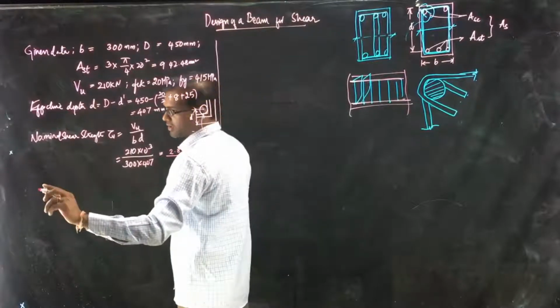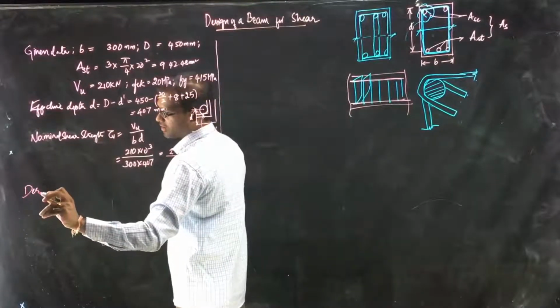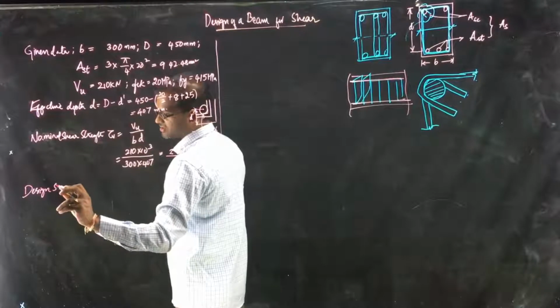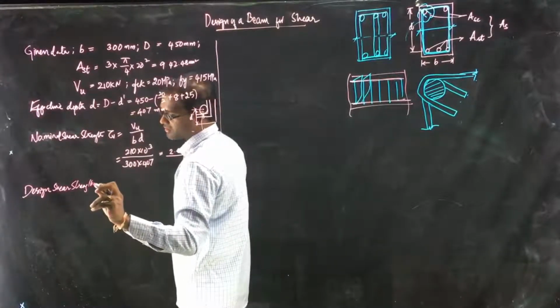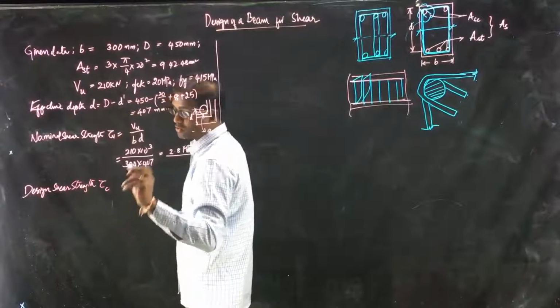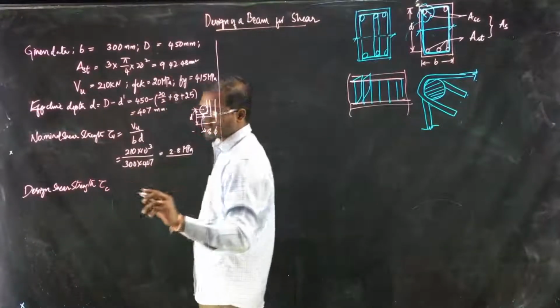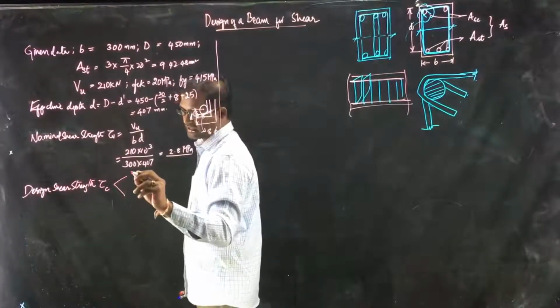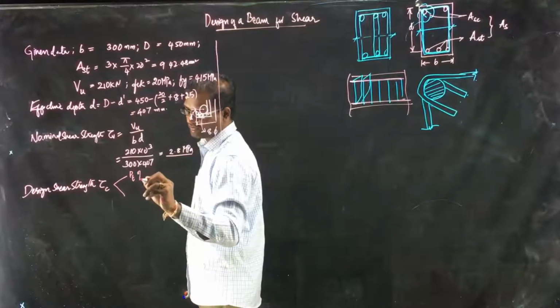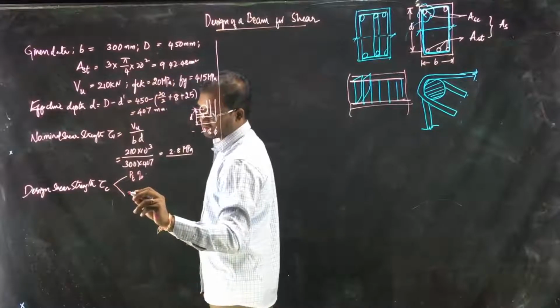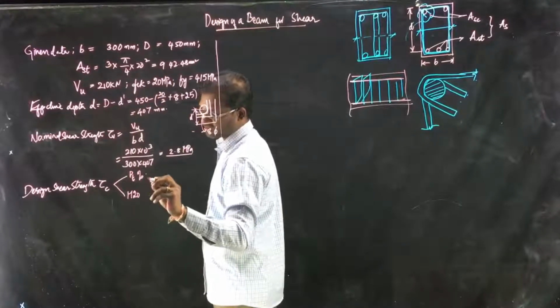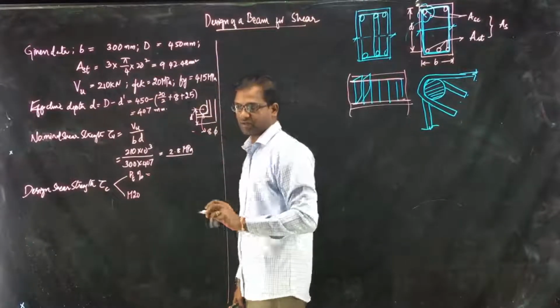Now, how much your concrete can take? So design shear strength you need to calculate immediately. Design shear strength tau c will depend upon two things. One is pt, the percentage of reinforcement provided, and the grade of concrete, which is given as M20. What is the percentage of steel?